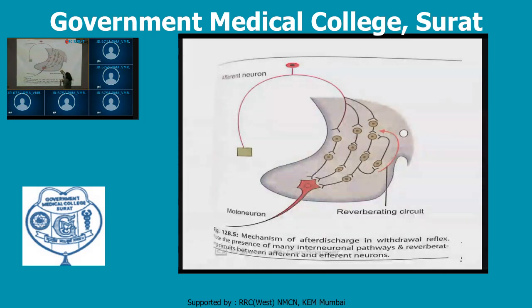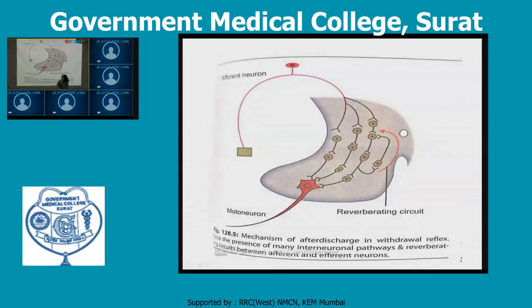It is not that there will be an application of a stimulus and only a spontaneous action. In case of a withdrawal reflex, whenever you find any painful stimulus, you remove your foot or your body from that painful stimulus, but you remain in that posture for some duration. This maintenance of posture for some duration is the property of after discharge.